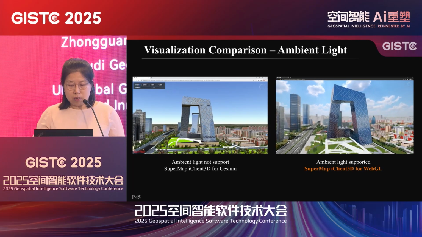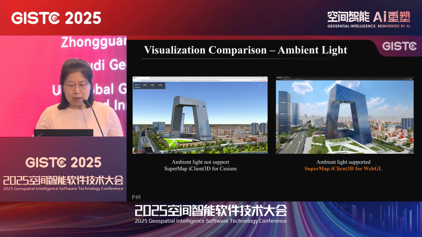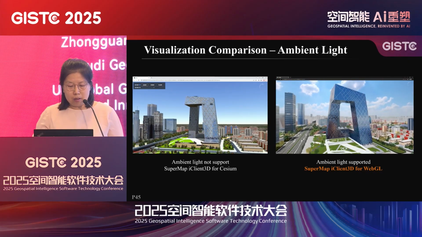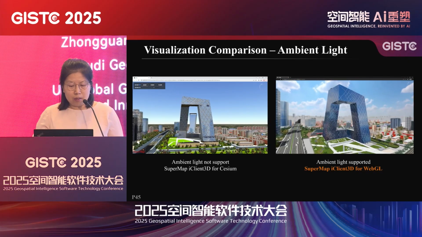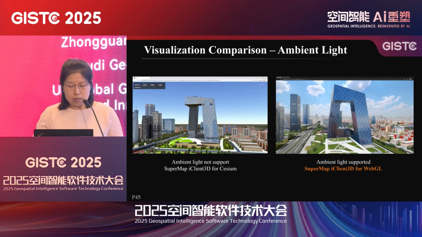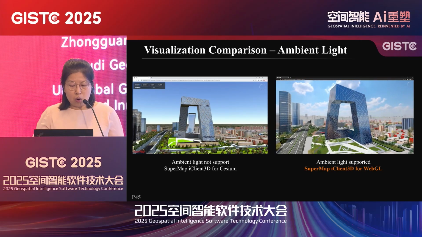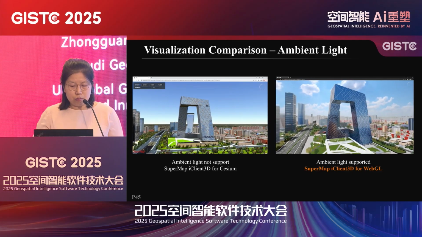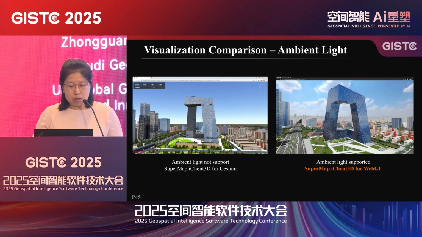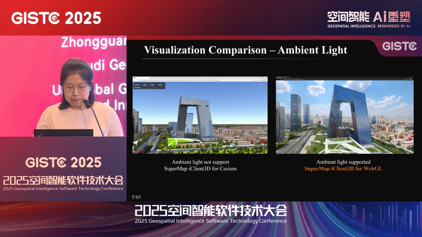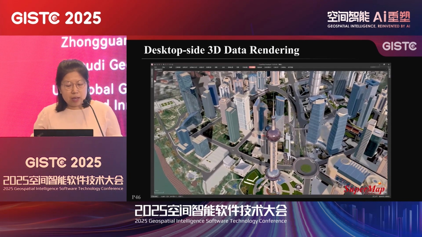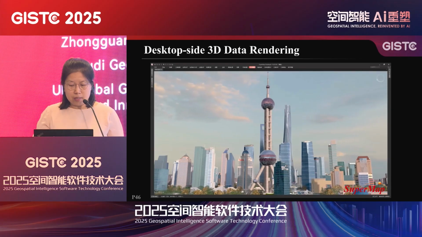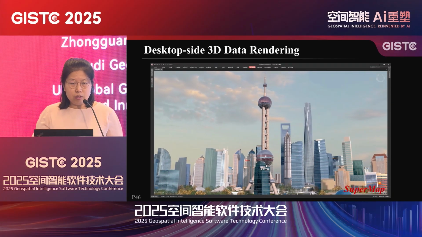SuperMap also supports the use of ambient light. After applying the ambient light effect, the model's overall lighting and finer details, such as reflections on glass walls, show significant improvement compared to standard materials. As mentioned earlier, high quality rendering is essential for captivating users.